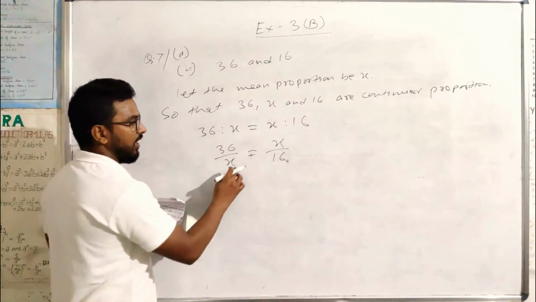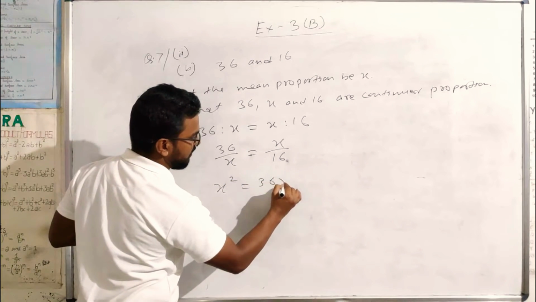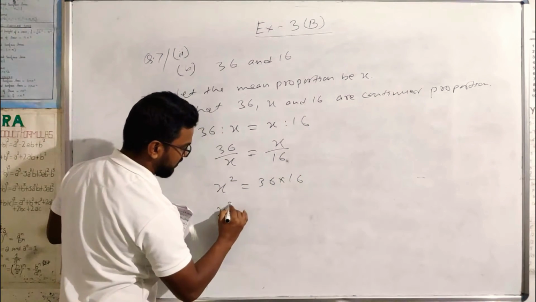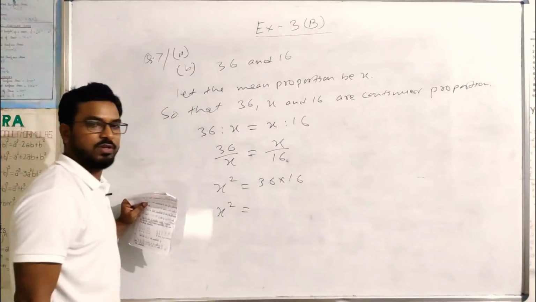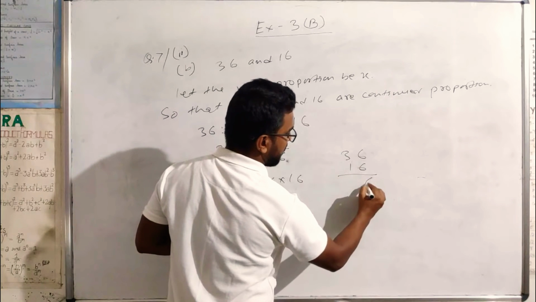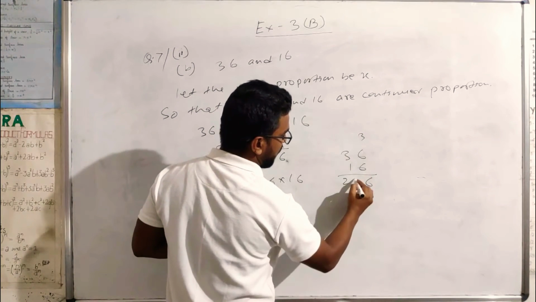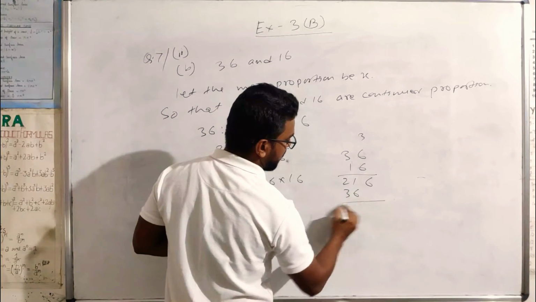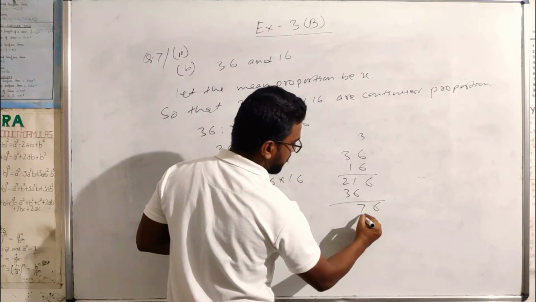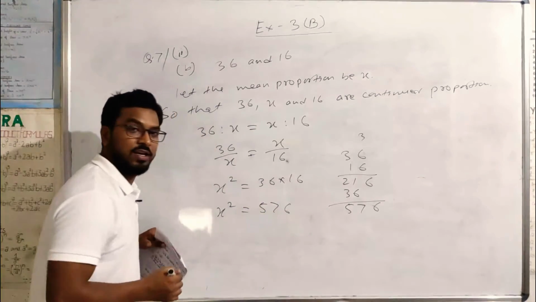Now you cross multiply: x into x is x square, and 36 into 16. So x square equals, if you multiply this, how much will you get? 36 into 16 is 576. Okay.